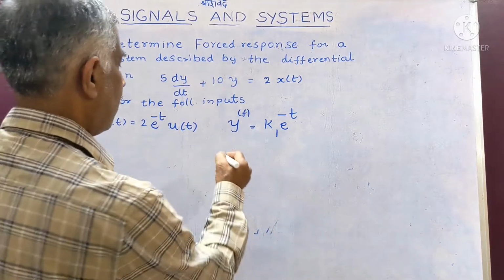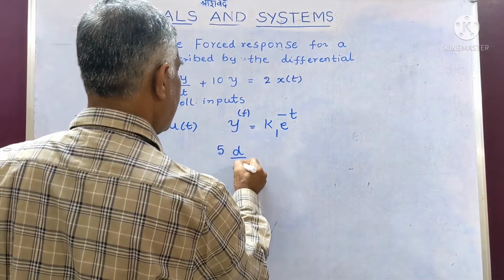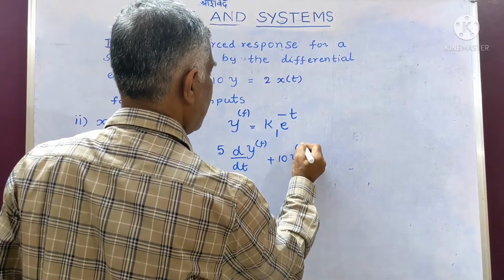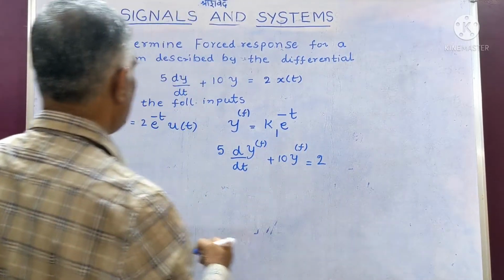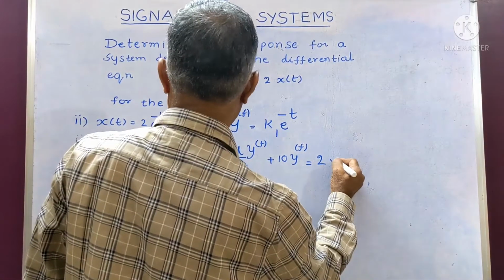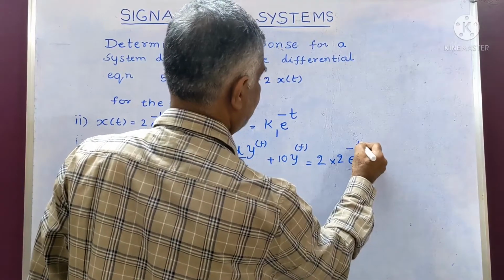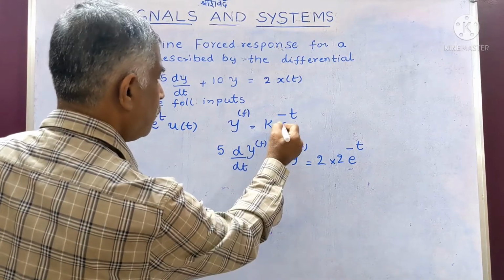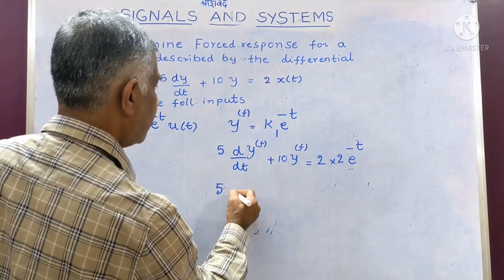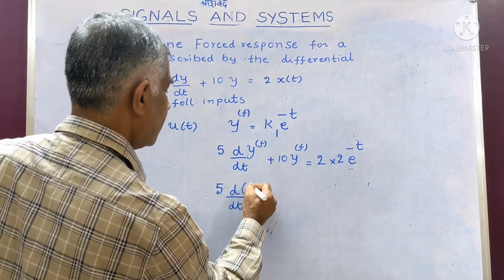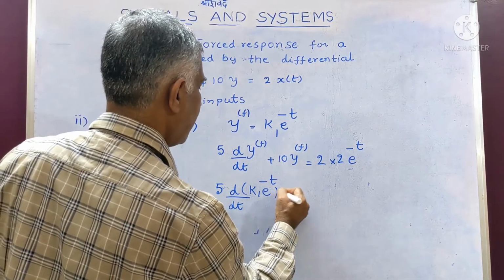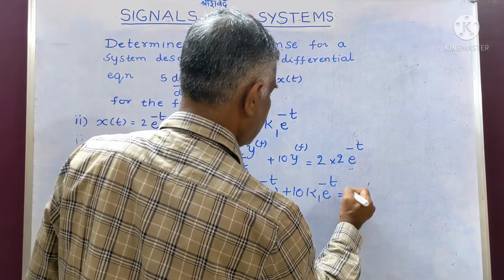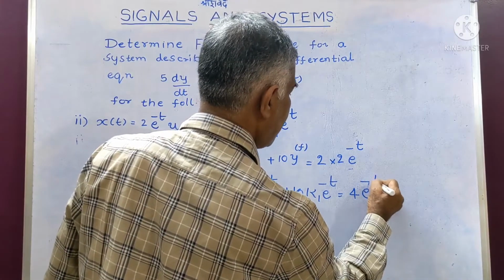Now substitute here: 5 d by dt of yf plus 10 yf equal to 2 into x(t). x(t) is 2 e power minus t. It is understood that u(t) value is 1. Now substitute yf: 5 d by dt of k1 e power minus t plus 10 k1 e power minus t equal to 4 e power minus t.